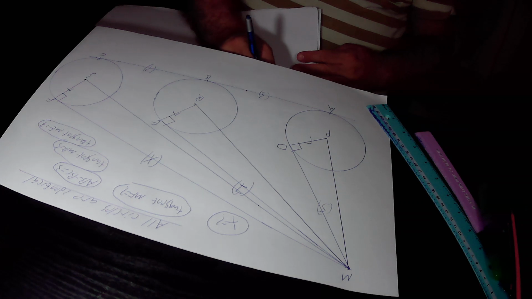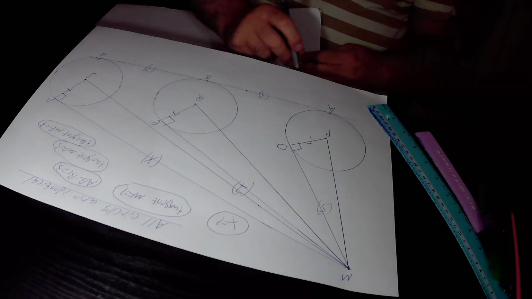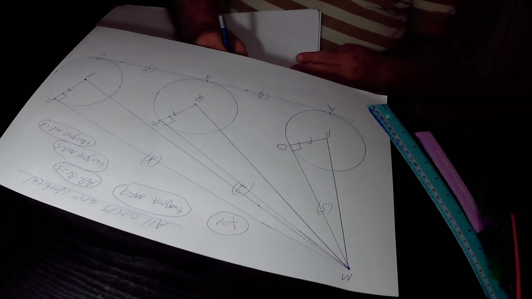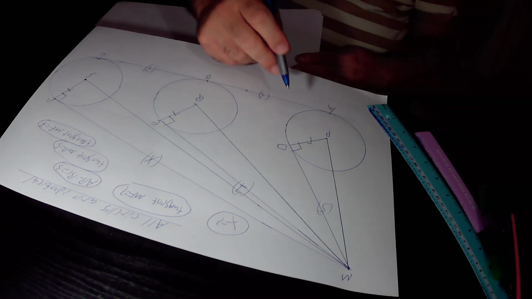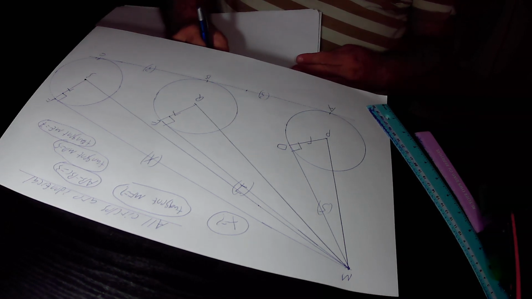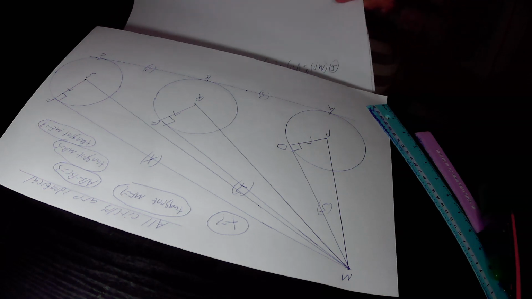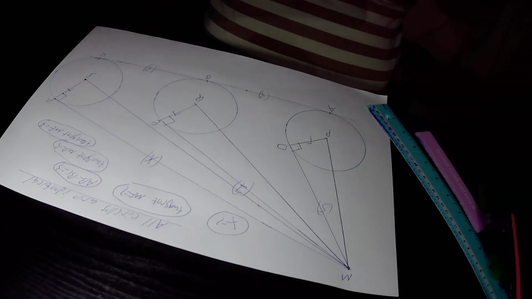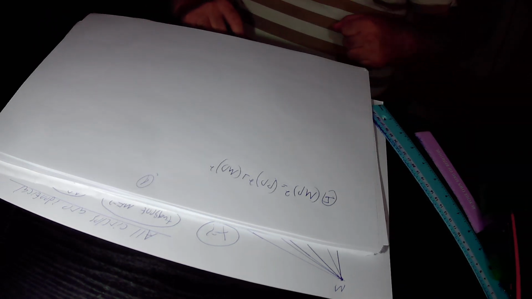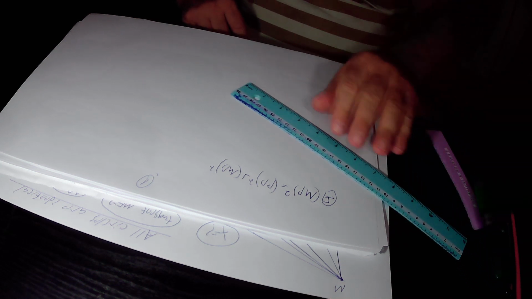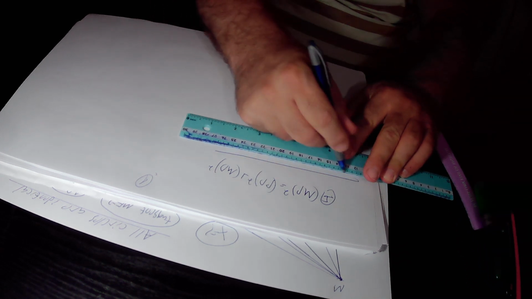So MP square equals PD square plus MD square. Again, according to the Pythagoras theorem, in the right triangle MDP, MP square, that is the square of the hypotenuse, equals PD square plus MD square.